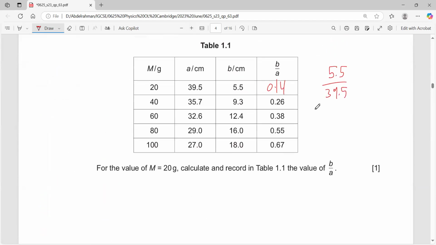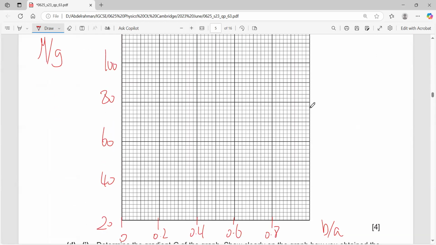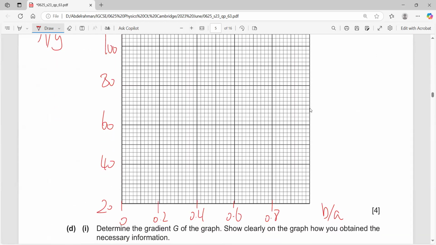Let's start plotting the points. You have 20 and 0.14, so it's at this point. Then 40 and 0.26.